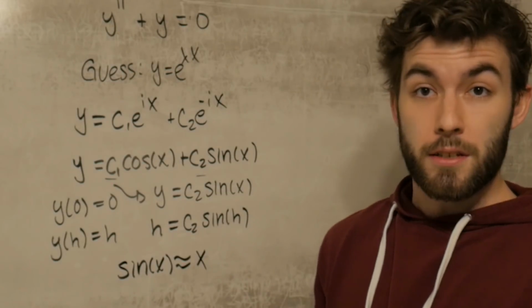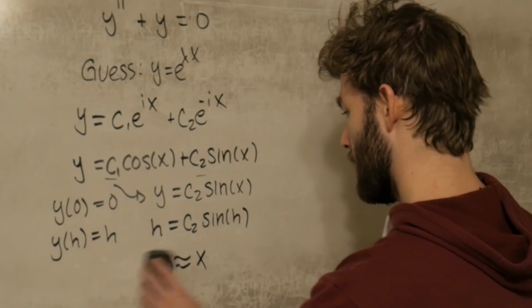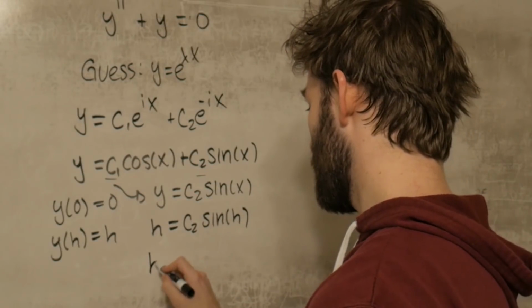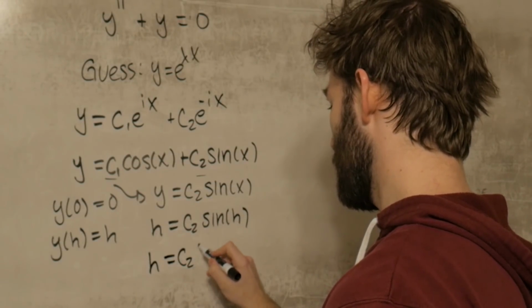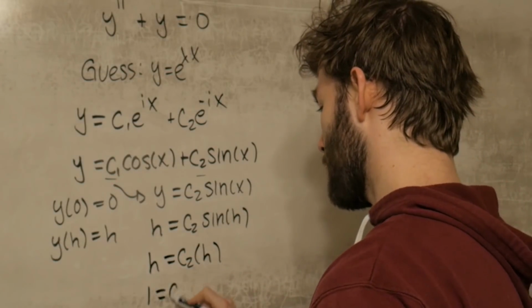You can find this out by doing a Taylor series centered on x equals 0 for sine of x. So since I'm choosing h to be very small, h is equal to c2 times h. The h's cancel and we get 1 is equal to c2.